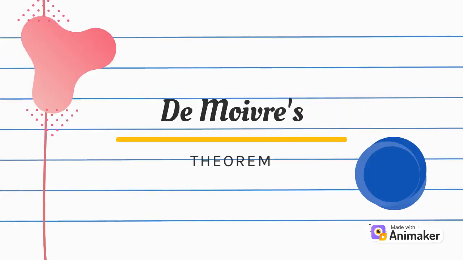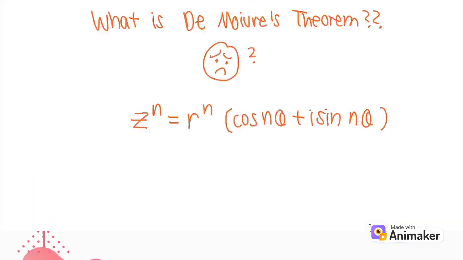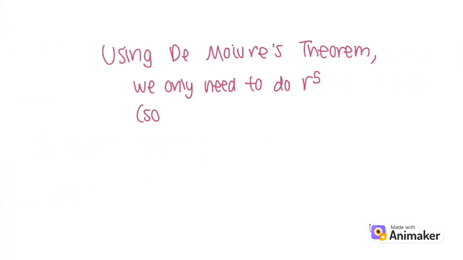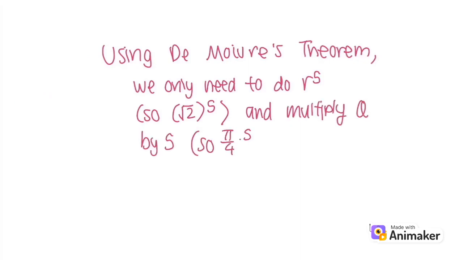Now that we have found the polar form of the number z, we can use de Moivre's theorem to solve for z to the power of 5. De Moivre's theorem allows us to find a complex number raised to a certain power. Using de Moivre's theorem, we only need to raise the modulus to the power of 5 as well as multiply theta by 5.